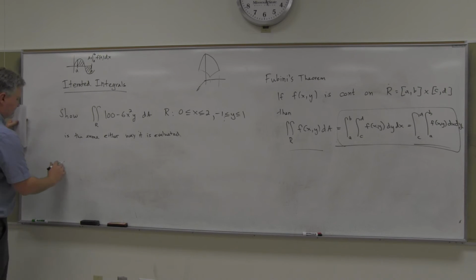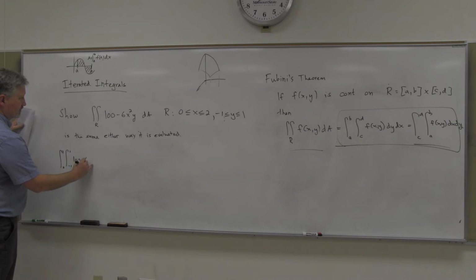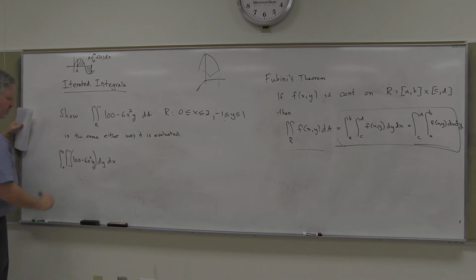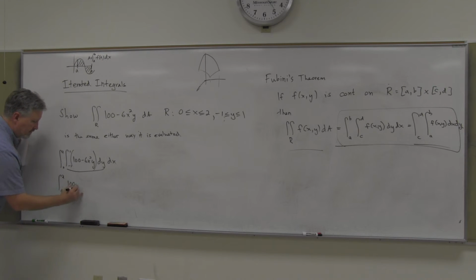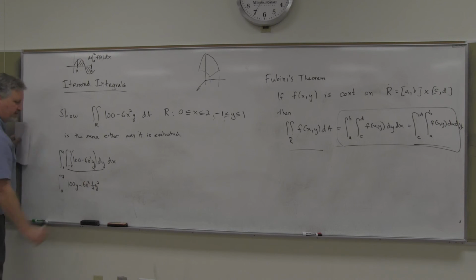All right, so let's do 0 to 2 for the x's, and then -1 to 1 for the y's. So that's the y's first, and then the x's. So I'm doing this first: 100y minus, integrating with respect to y, 6x squared times 1/2 y squared, that's 3x squared y squared. Again, doing the antiderivative now.